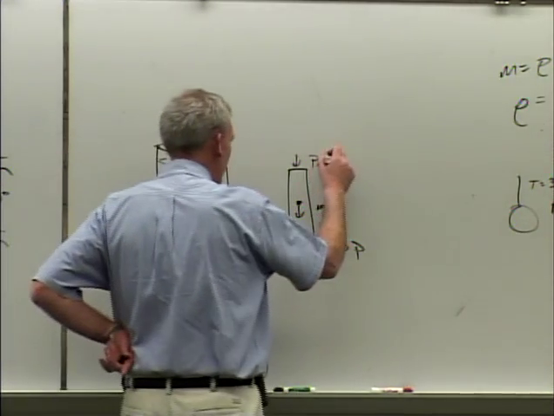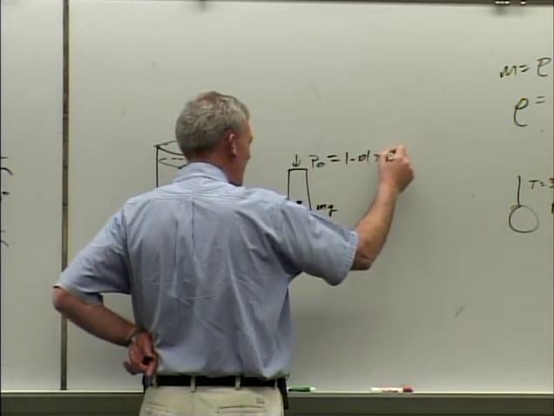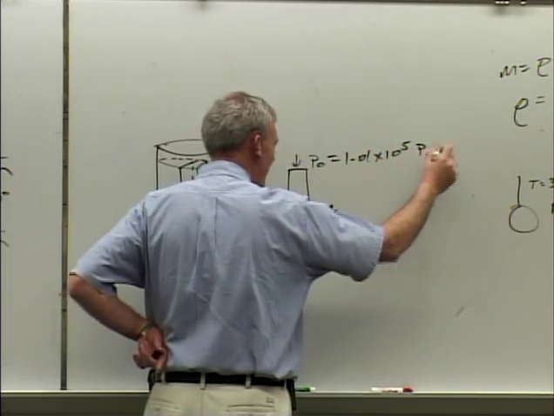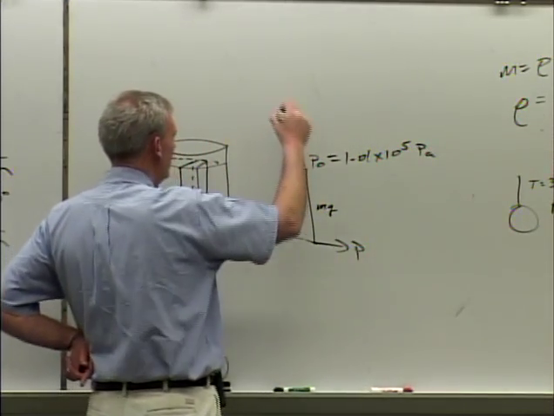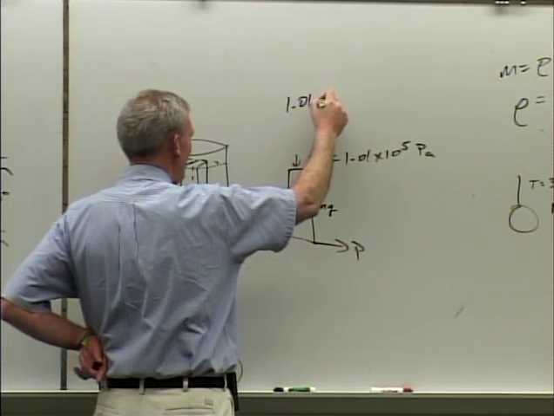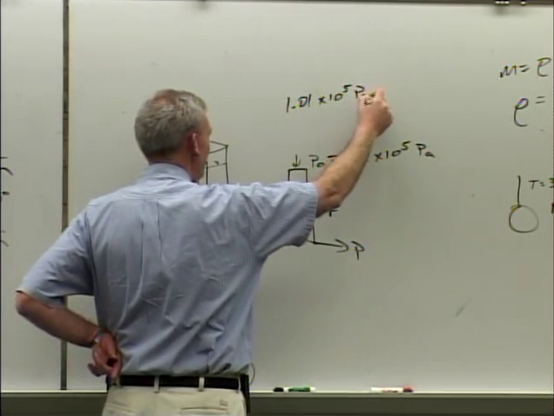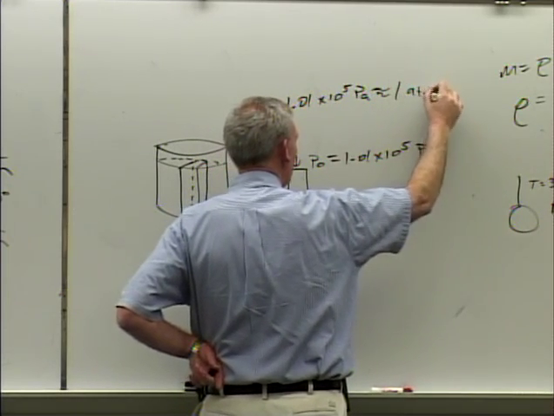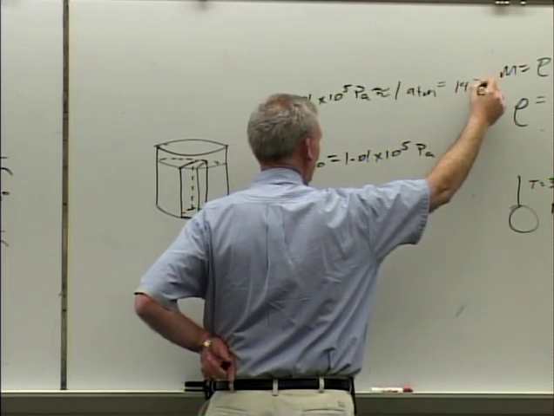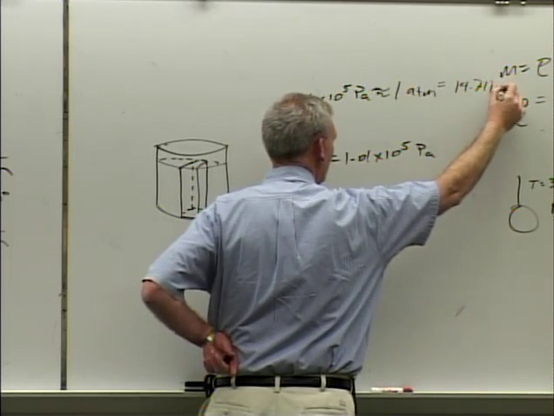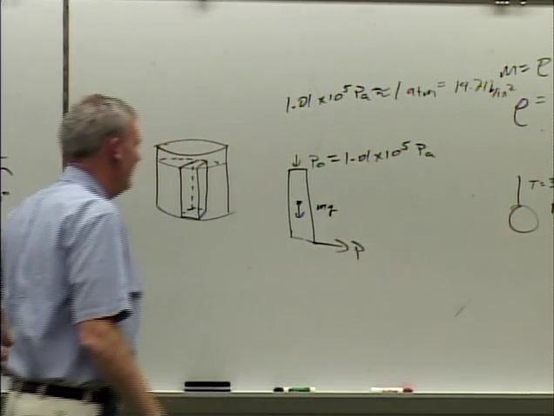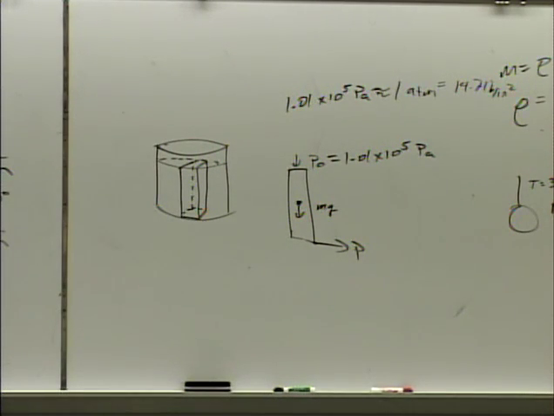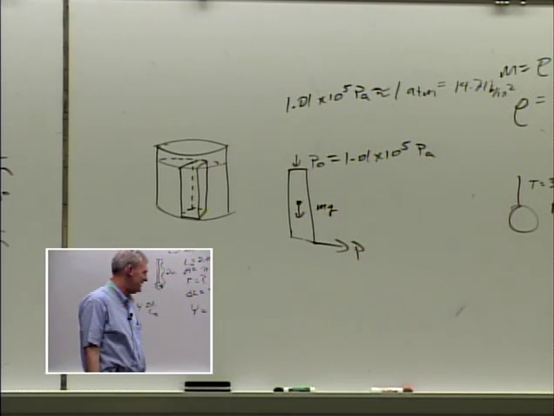Always, because we've got to go through this material so fast. It's about 1 atmosphere, which does equal 14.7 pounds per inch squared. Plus it's got the pressure caused by the mg.